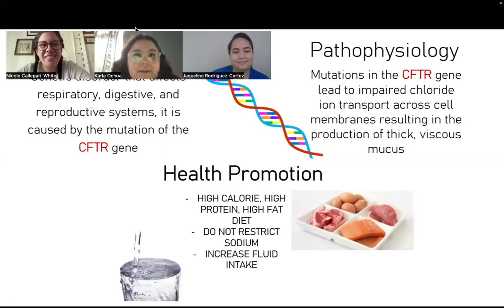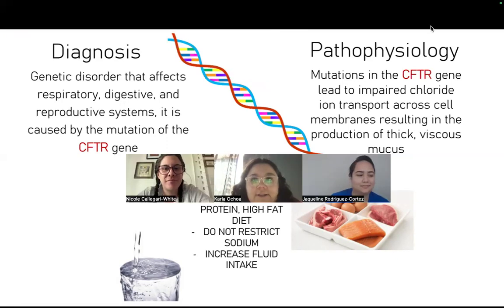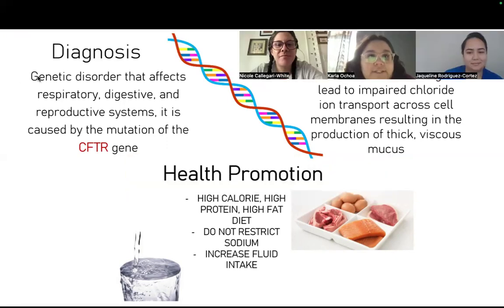Okay. So, what is it? What's cystic fibrosis? The diagnosis is a genetic disorder that affects respiratory, digestive, and reproductive systems. It is caused by the mutation of the CFTR gene.